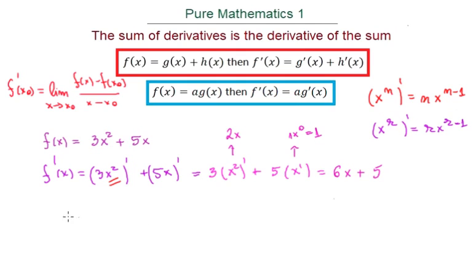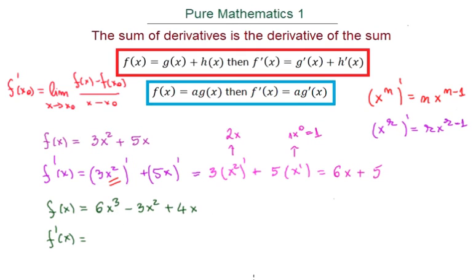Let's try another function and see if we can work more quickly. F of x will be 6x cubed minus 3x squared plus 4x. Okay, we start to differentiate f of x, and we will know that this means differentiating every term it has.